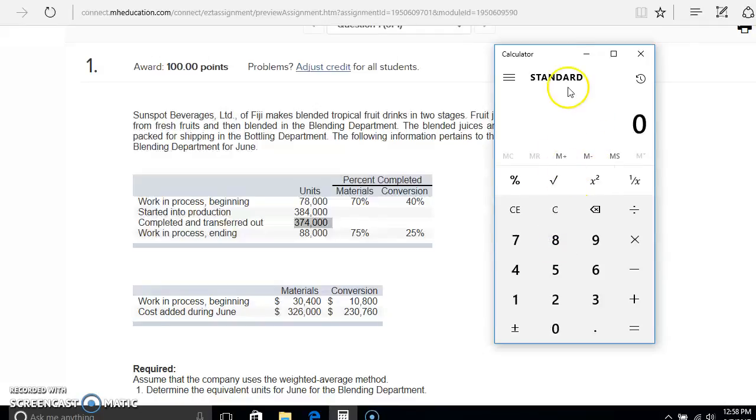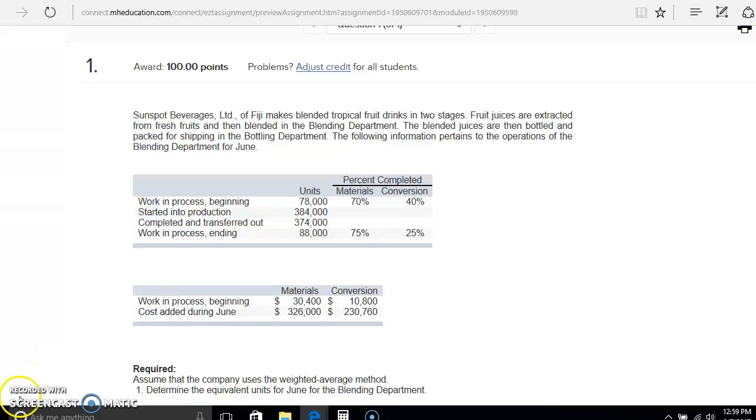So I have that 374 I'm going to start with, and then I have 88,000 times 0.25, 22,000. So let me add that to my original 374. Okay, so for that one, I've got 396,000. So equivalent units of production, materials is 440 and conversion is 396.